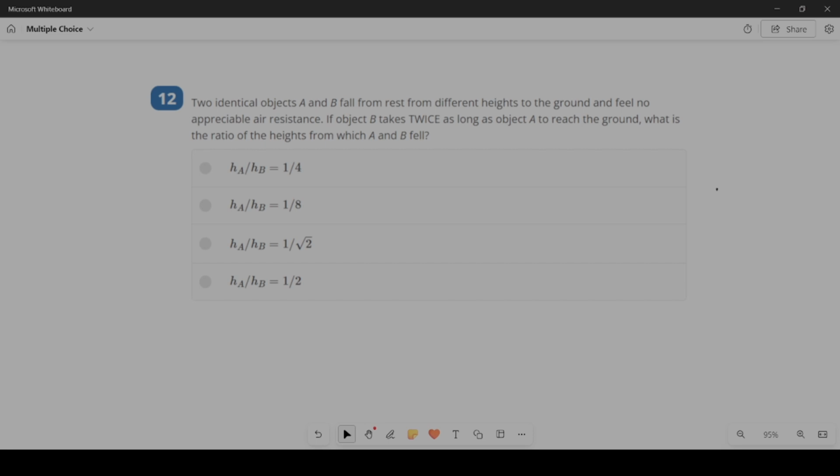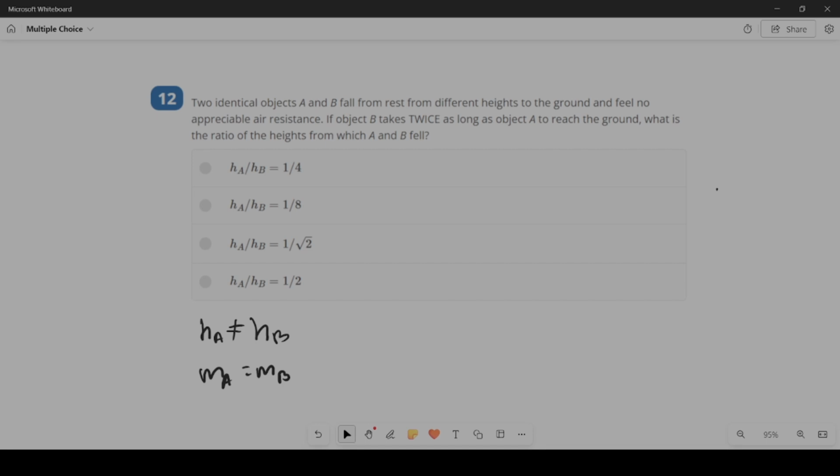So from here we can assume that the initial heights are different, so HA is not the same as HB, but the objects are identical, so MA equals MB. Not that it matters anyways.